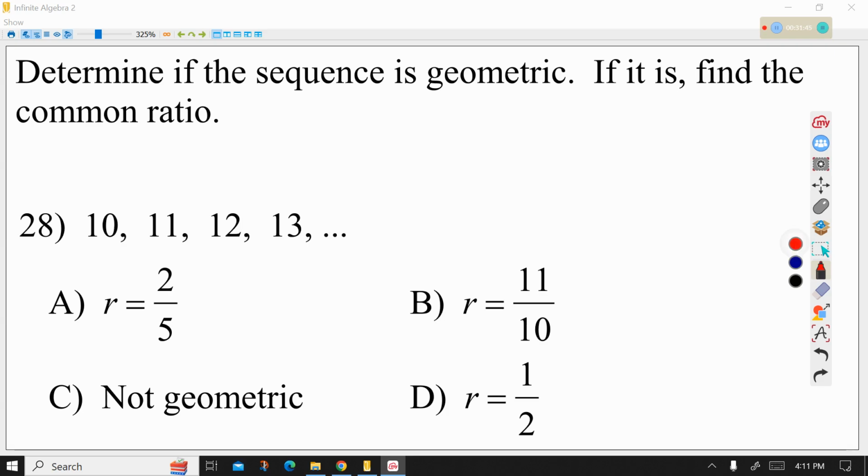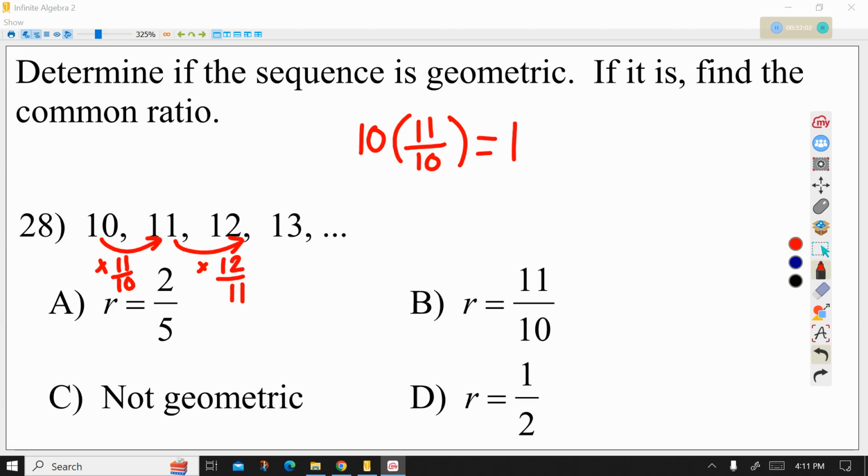What do I have to multiply 10 by so that I get 11? Well, the value is 11 over 10. And what do I multiply 11 by to get 12? The value is 12 over 11. Let's prove our point. 10 times 11 over 10 is just equal to 11 because the 10s will cancel out. If I multiply 10 by 11 but then divide by 10 right after that, I'm just left with 11.